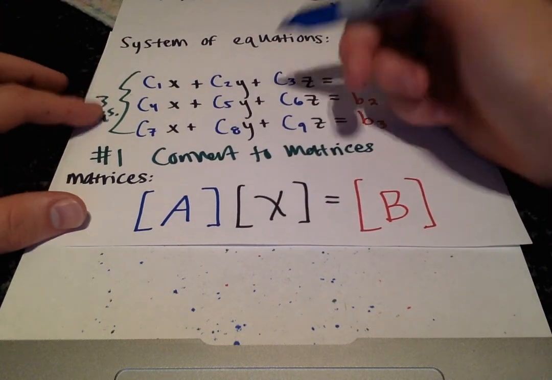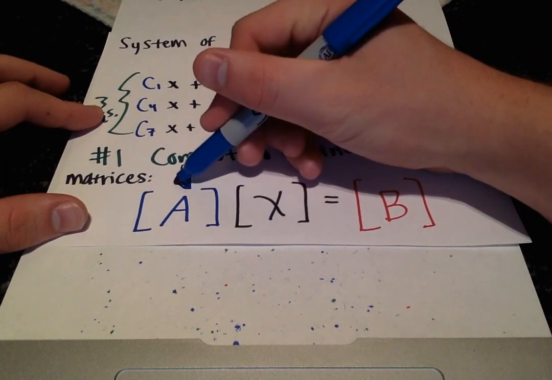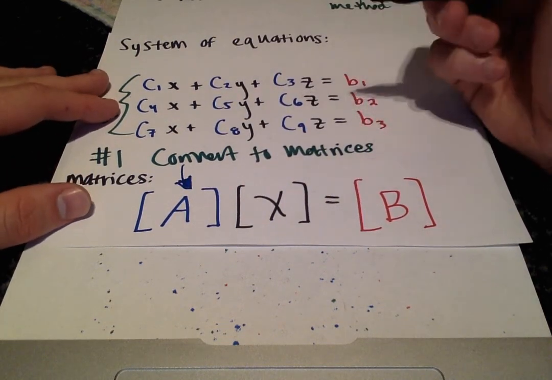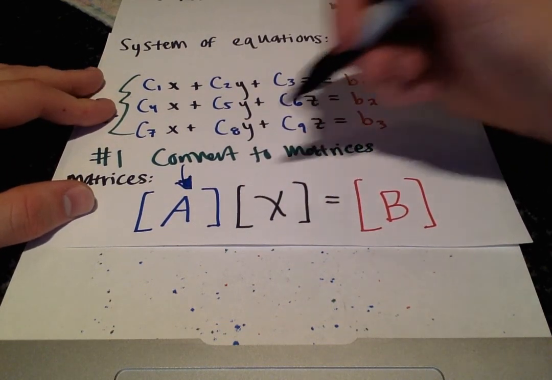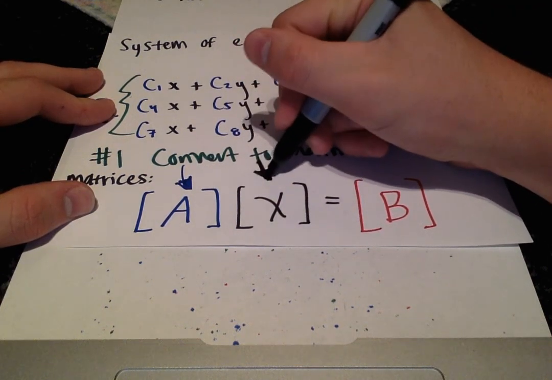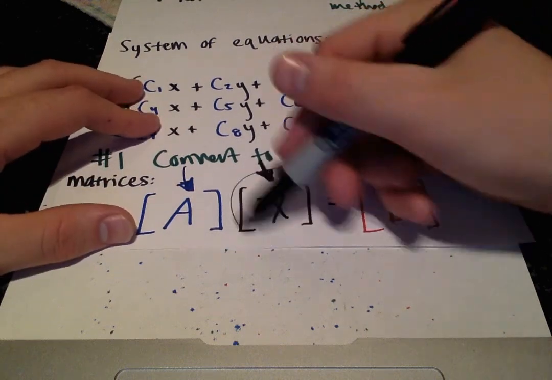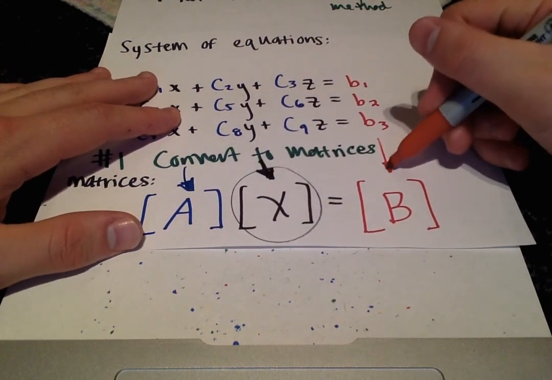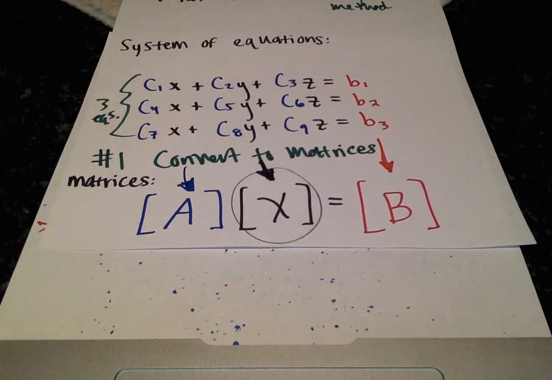All your coefficients, C1 to C9, make up a coefficient matrix A. Your x, y, and z values are the solution vector x, which we want to solve for ultimately. And then you have your b vector over here, which is just the right-hand side of the equation.